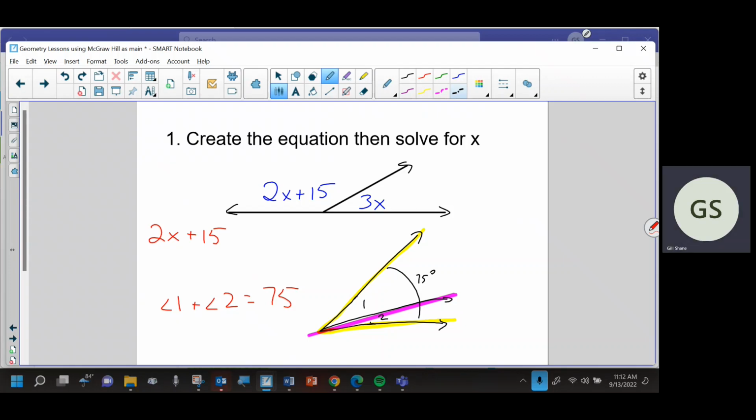I told you $10 is $10 in a lot of different ways. $10 might be just one $10 bill, it might be 2 5s, it might be a 5 and some 1s, it might be some change thrown in there. It's still $10. If angles are equal to each other, it doesn't matter what variables and numbers are in each angle, they're still equal to each other. We're just representing that number in a different way with different variables and different numbers.